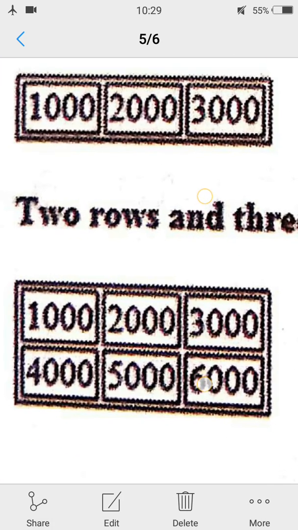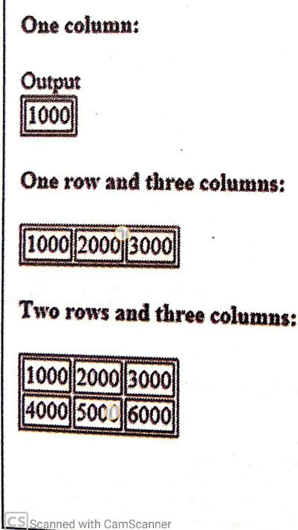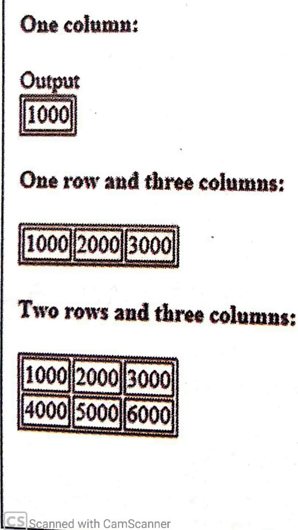Above you see 1 row, at the bottom you see the second row, and it has 3 columns. And you have mentioned TD 4000, TD 5000, TD 6000. This is how the output will come, students.